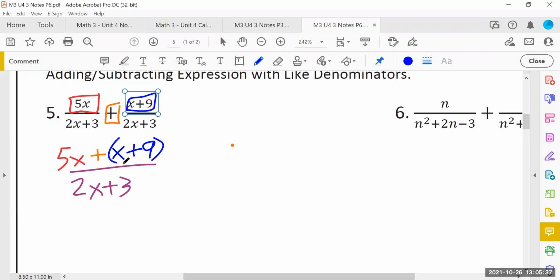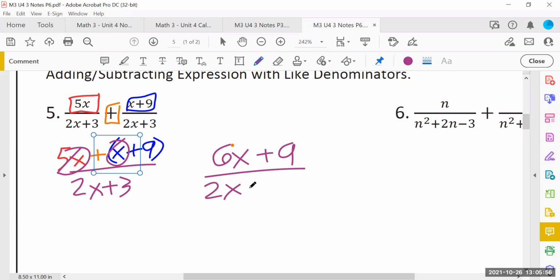It's 5x times x that gets me 5x squared. So be careful there. We're doing a lot of both adding and subtracting and multiplying and dividing. So here, 5x plus x is going to make 6x. And then you just have that plus 9 on the end over 2x plus 3.